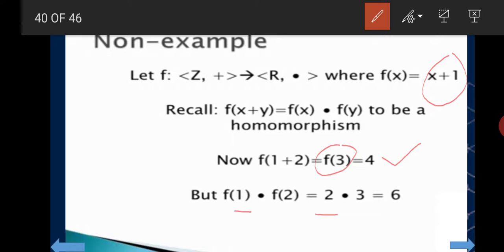And then if we plug 2 into f of x, it results in 3. And then 2 times 3 is equal to 6. And so 4 and 6 are not equal. And so this is an example of a non-homomorphism.